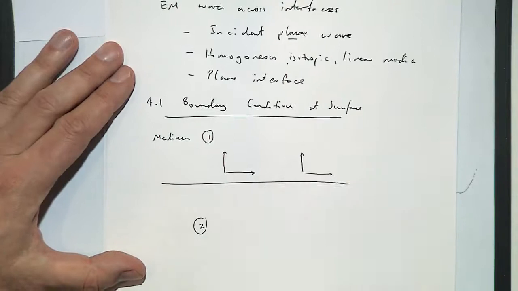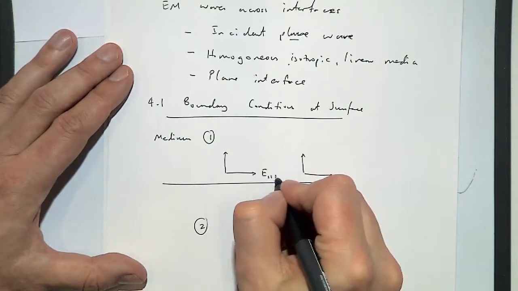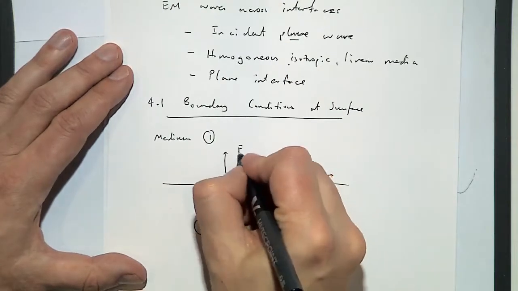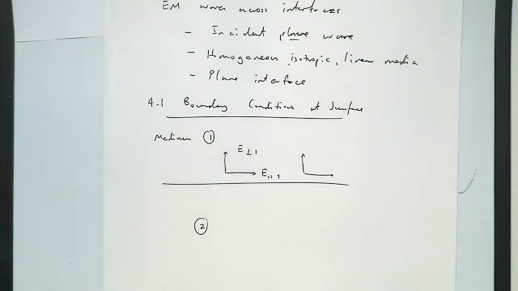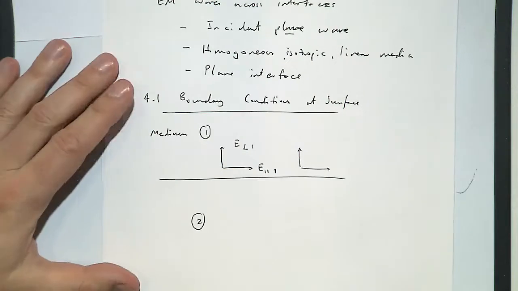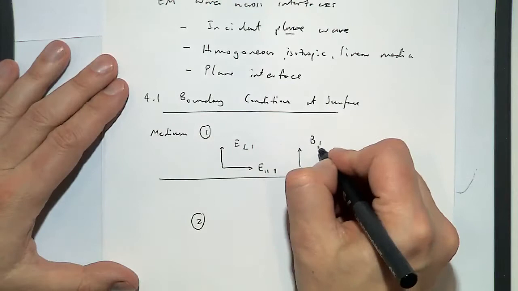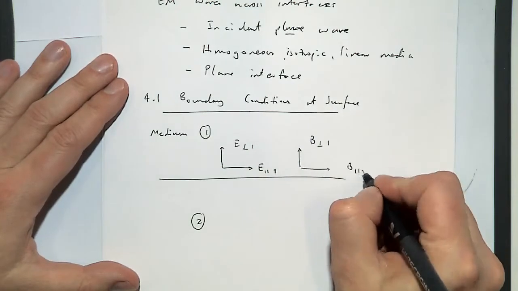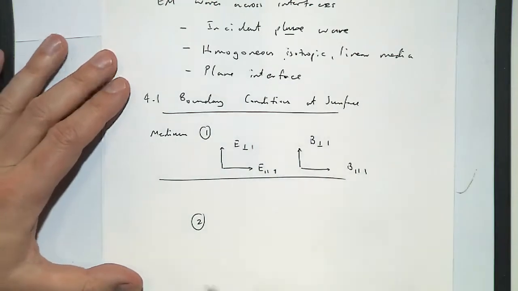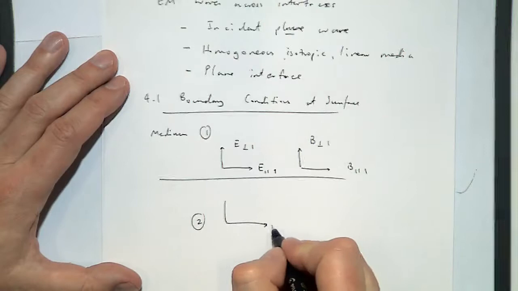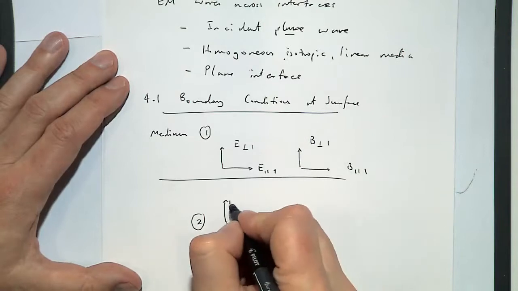And if it's a plane wave, we can consider its components either parallel to or perpendicular to the surface. So one is what's going on in medium 1 on one side of the boundary, and of course there are corresponding magnetic fields to go with the electric fields, and we've got the same thing on the other side. Okay? So that's our labelling scheme.